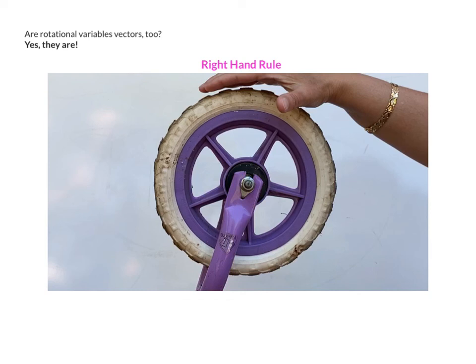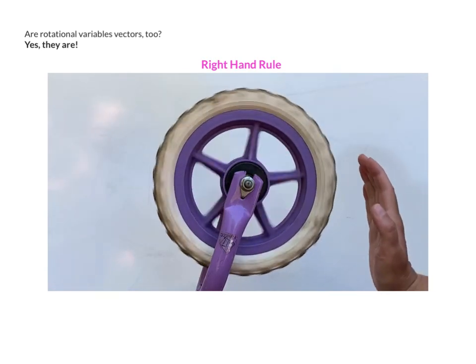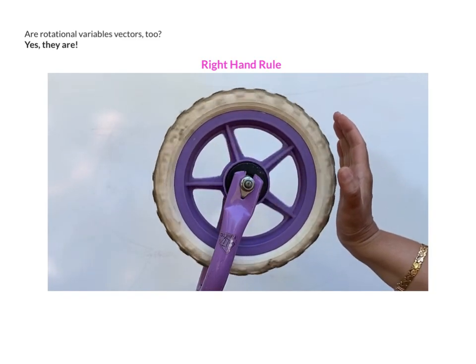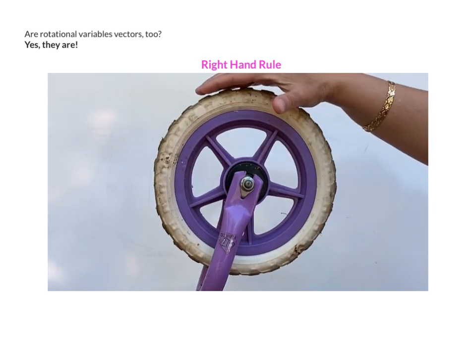Now, if the object is decelerating, which is what happens in the example here with a bicycle wheel, so we start out with a high velocity and then it stops, that means that the bicycle wheel was decelerating, which means that the direction for the angular acceleration was in the opposite direction of the angular velocity. So the angular acceleration for the bicycle wheel was into the bicycle wheel as we're looking at the image here.